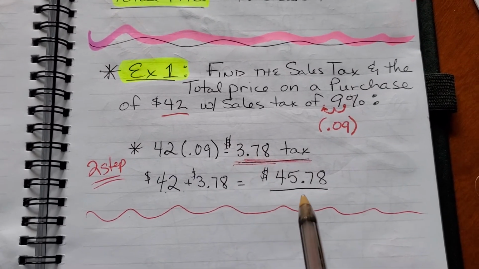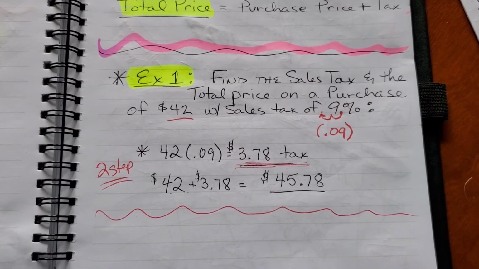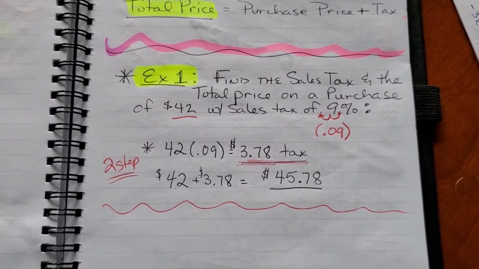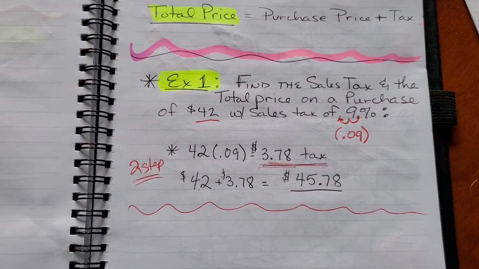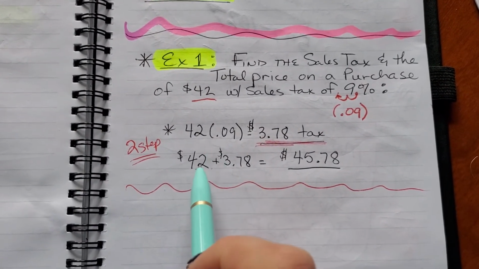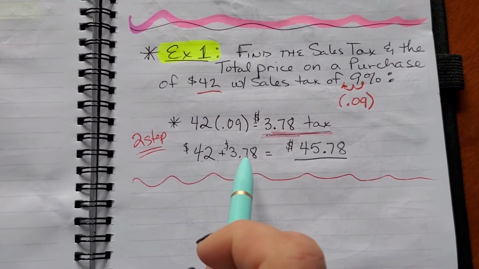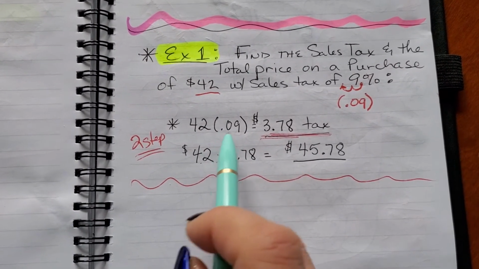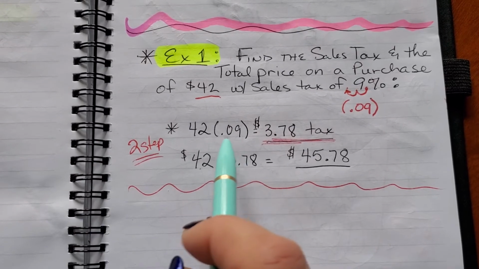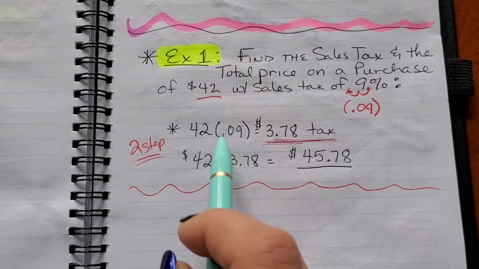What if they just ask you for the total you have to pay after tax is added? Well, you have a one-step version of this. Anytime we want to add the original total and the tax in one step, we don't multiply by just the tax rate. We put a 1 in front of it.